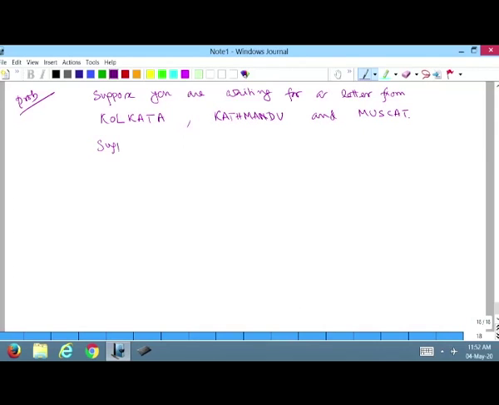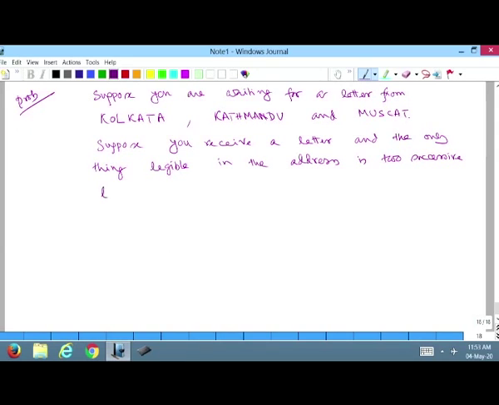Suppose you receive a letter and the only thing legible in the address is two successive letters, AT.